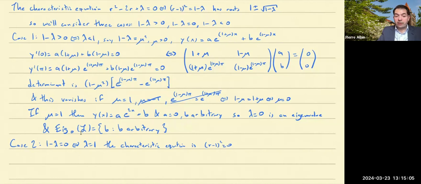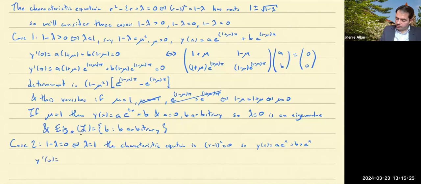So that means that our general solution is a multiple of e to the x and a multiple of x times e to the x. Let's impose our boundary conditions.